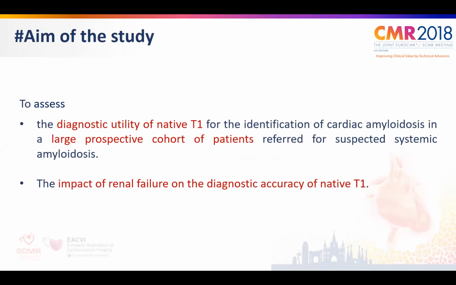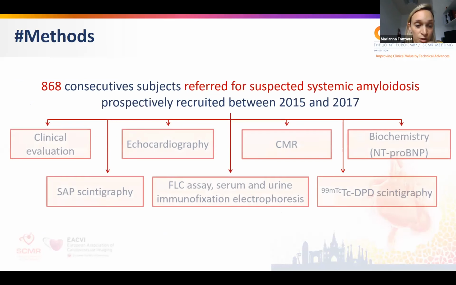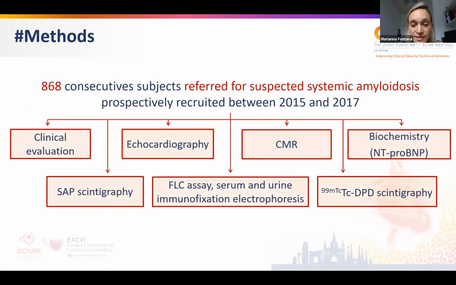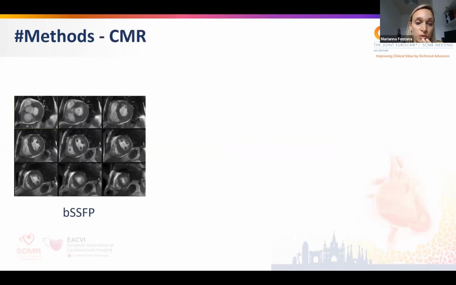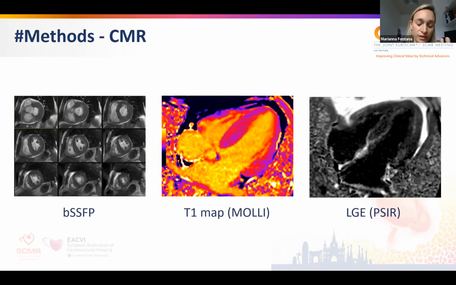So what we did, we analyzed all patients that were scanned here with a suspicion of cardiac amyloidosis, between 2015 and 17, and all patients had a clinical evaluation, SAP scintigraphy, echocardiography, assessment of a plasma cell dyscrasia, CMR, bone scintigraphy, biochemistry, and histology. And basically, as gold standard for presence of cardiac involvement, we use the Gillmore criteria.